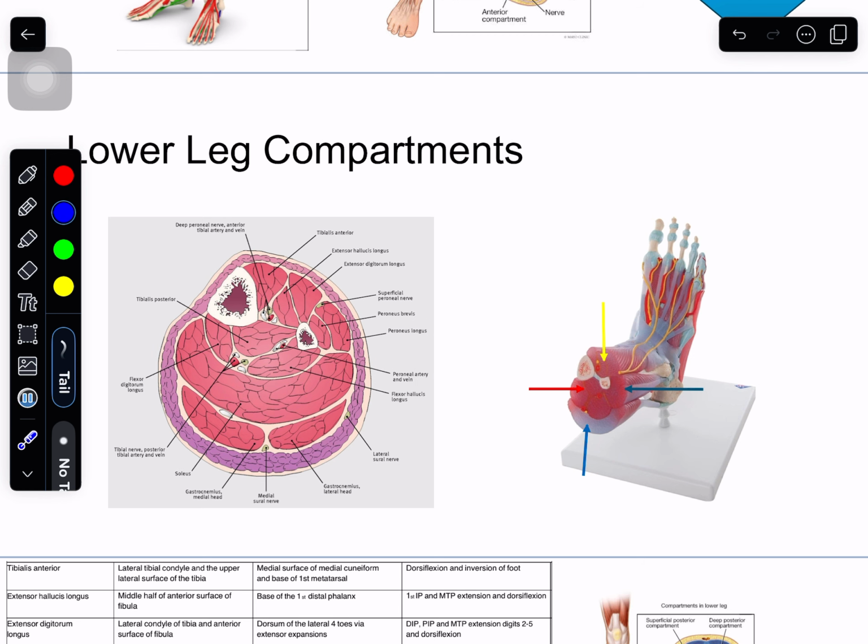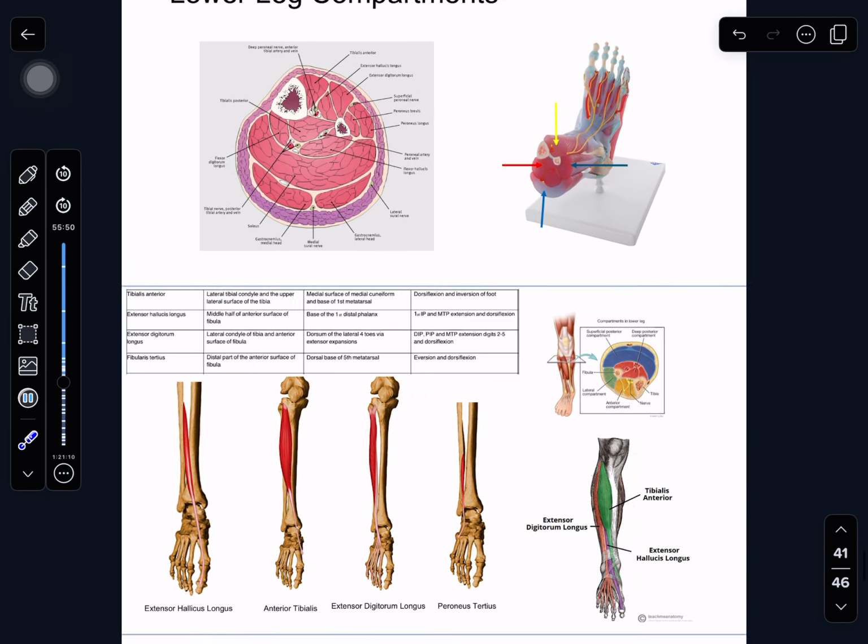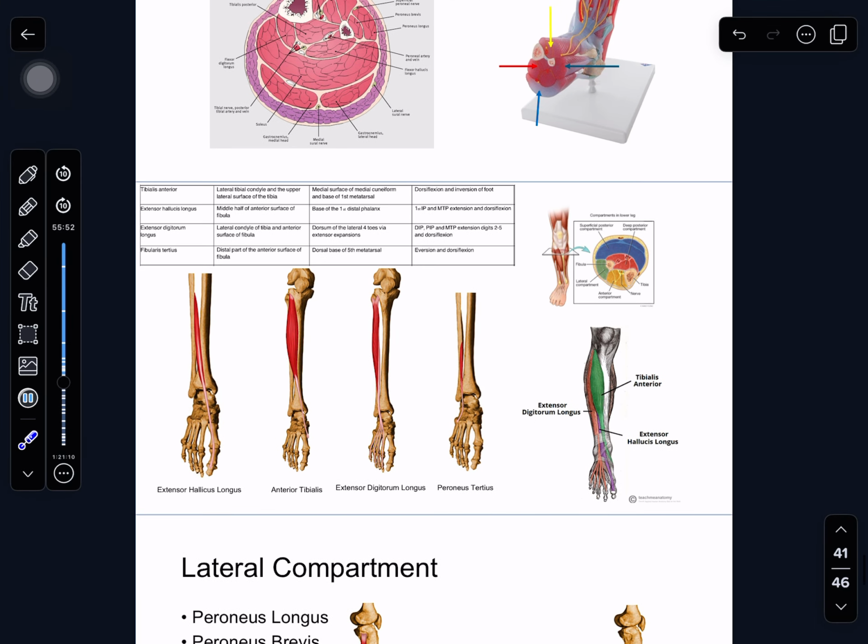So if we're just off of the fibula, that's going to be our lateral compartment, and then in front of the tib-fib, that's going to be our anterior compartment. And if we're behind or posterior to the tibia and fibula, that's going to be our deep and superficial posterior compartments. But yeah, I definitely encourage you guys, please do use the models in the lab.